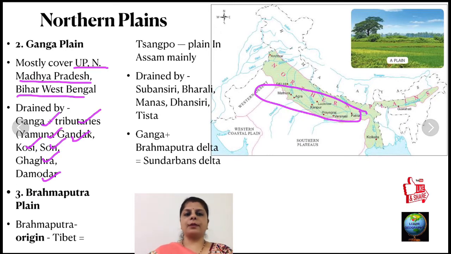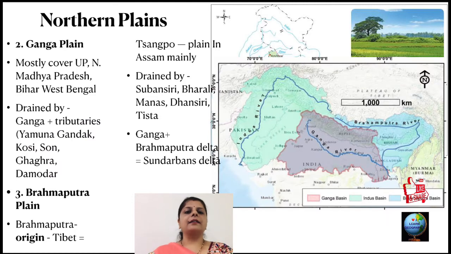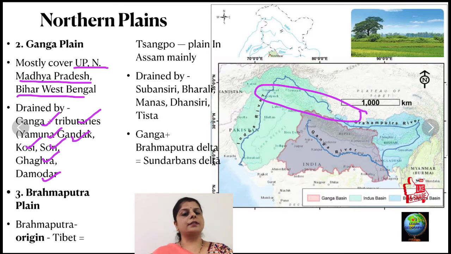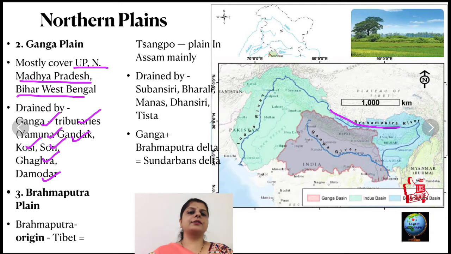Third division is the Brahmaputra plain. The river Brahmaputra originates in Tibet, where it is known as Tsangpo, and a major part of the Brahmaputra plains is located in the Assam region, our state Assam.